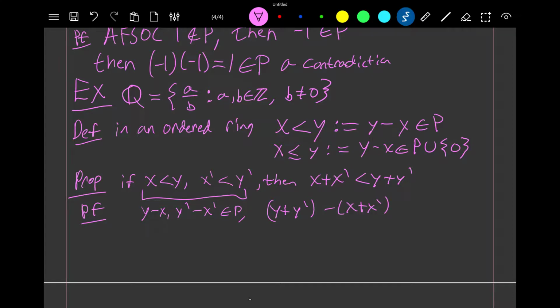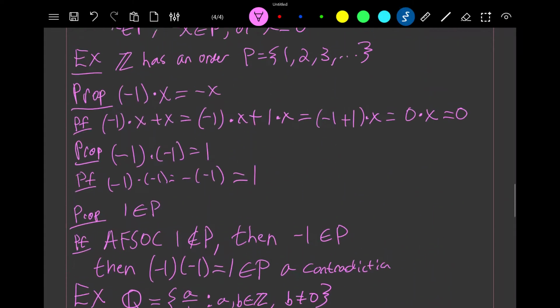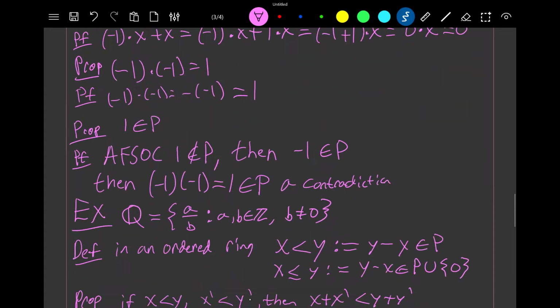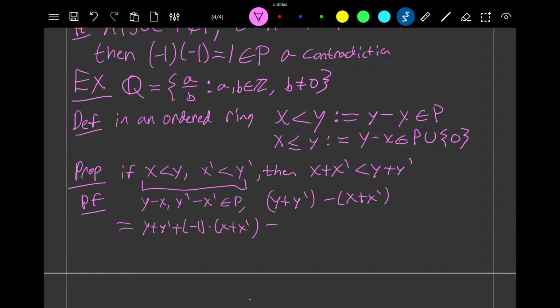But what is minus? This is the same as saying y plus y prime plus -1 times x plus x prime, just using the definition of subtraction as adding the negative. And then we can use the distributive property and this proposition up here to say this is just y plus y prime minus x minus x prime.